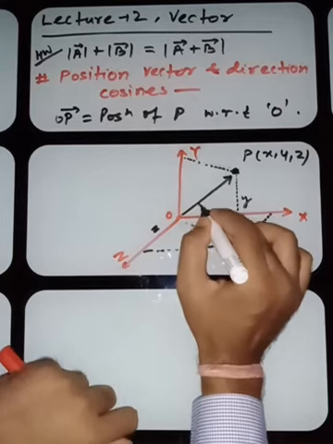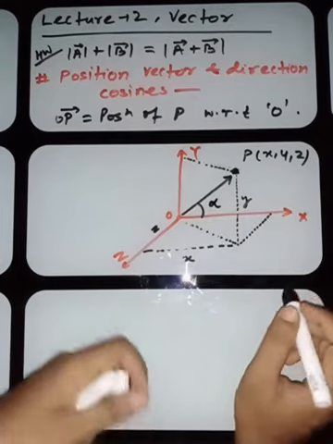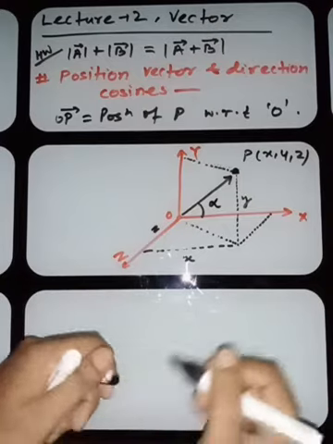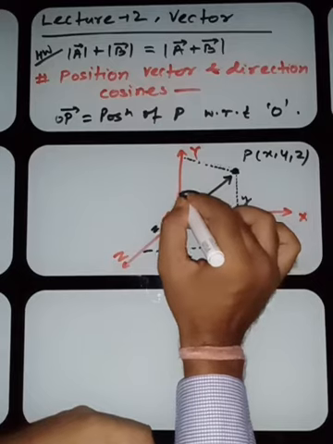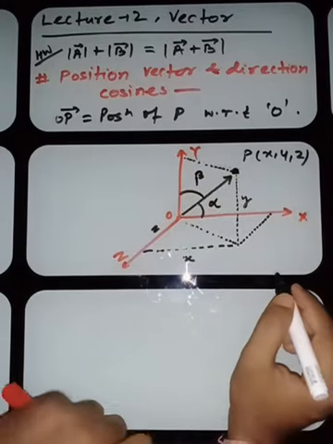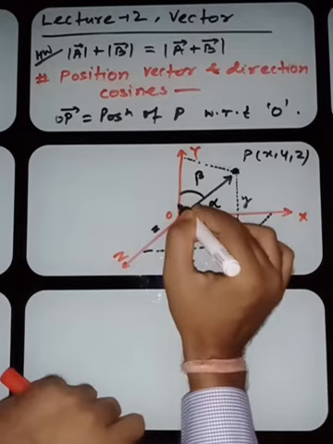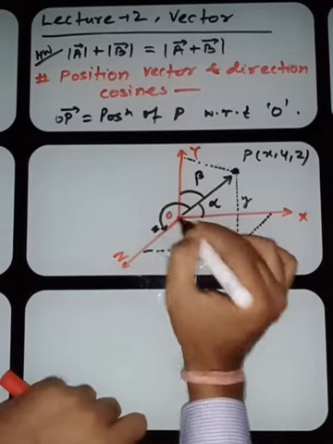So this is the alpha it is making with the x-axis. With the y-axis, you can see it is very clear, it is making an angle, suppose it is beta. And with the z-axis, it is making an angle, suppose it is gamma.